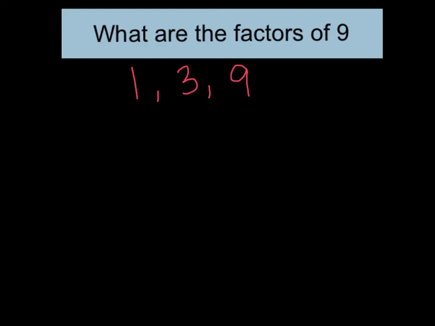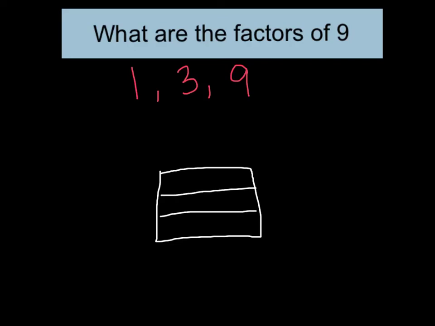Could I draw an array for that? Yes, I could. I would have 3 rows. So 1, 2, 3. And I would have 3 in each row. So if I counted those up, I have 1, 2, 3, 4, 5, 6, 7, 8, 9.